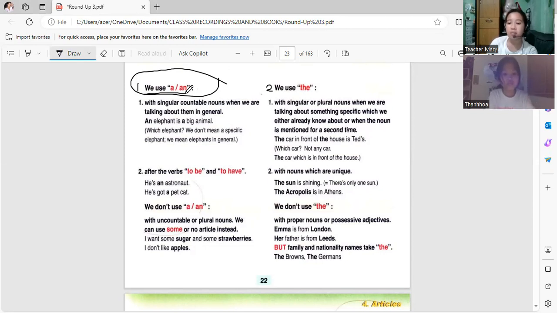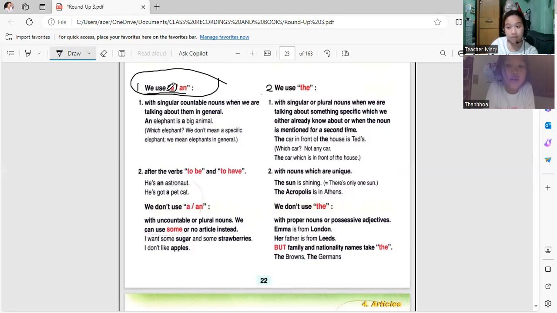Okay, do you still remember when we will use a? Do you still remember? When it is a vowel sound. Is it vowel?